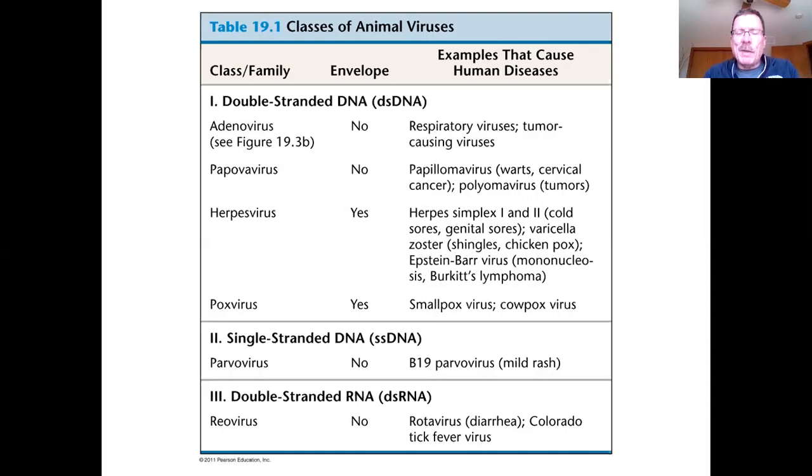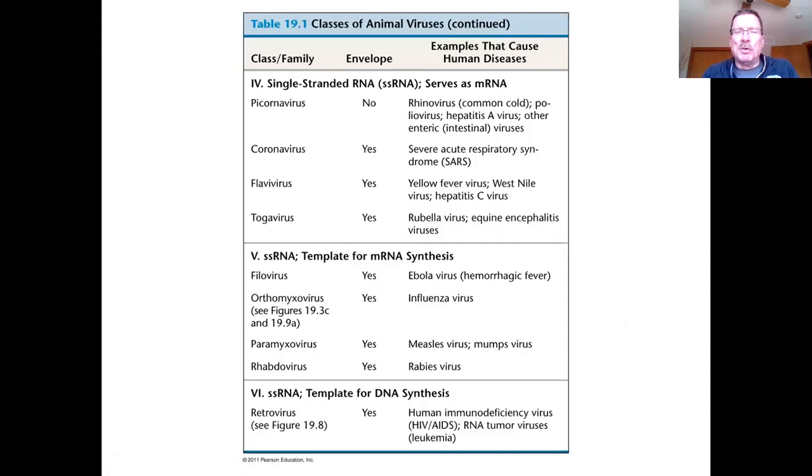Anyhow, one of the things I wanted to point out here, besides looking at some of the viruses, like the adenovirus, herpes virus, the gift that keeps on giving, and stuff like that, is if you look, the majority of RNA-based viruses also have an envelope. Not all, but the majority.